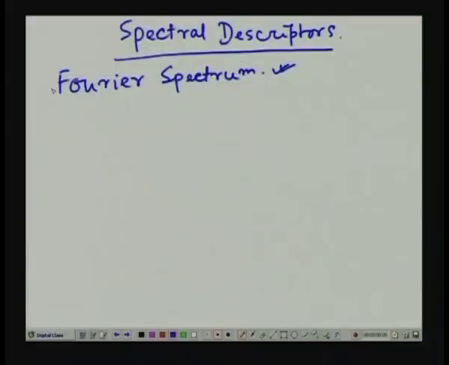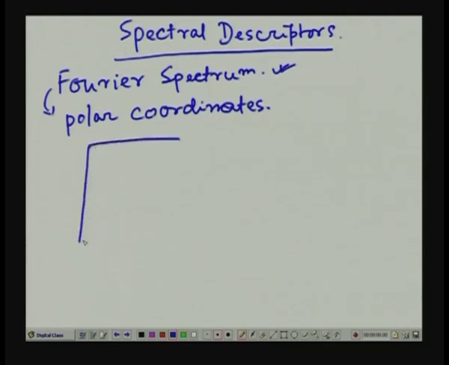Now, for convenience of computation, this Fourier spectrum is converted into polar coordinates. The Fourier spectrum is originally in Cartesian coordinates, so I have directions u and v, and I would like to convert this into polar coordinates.